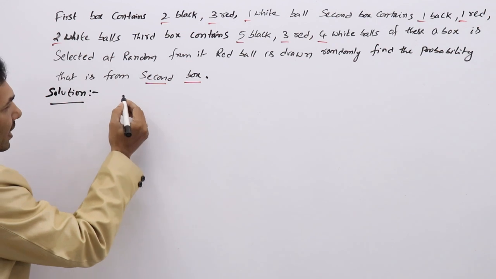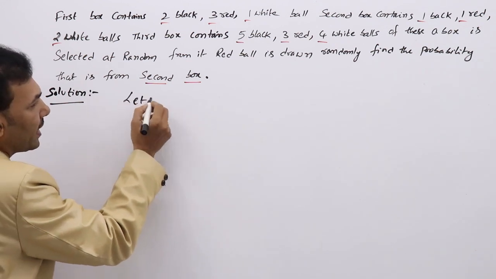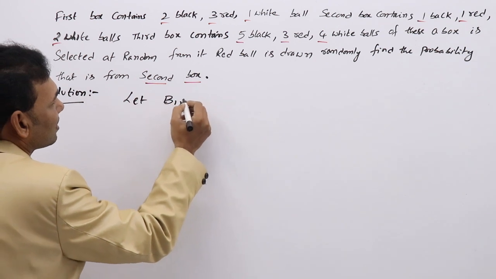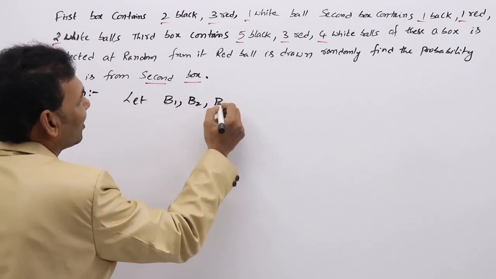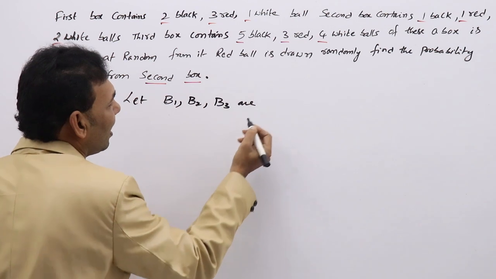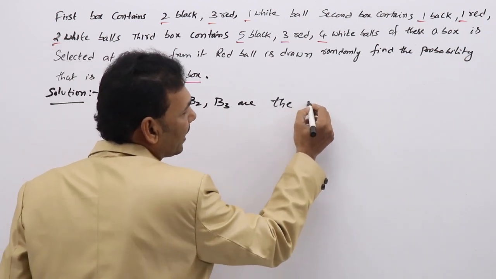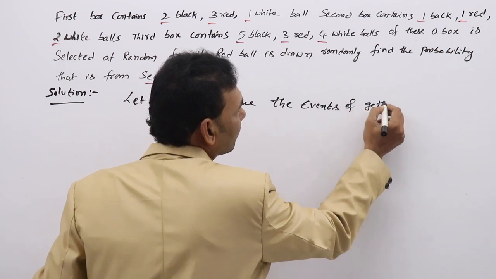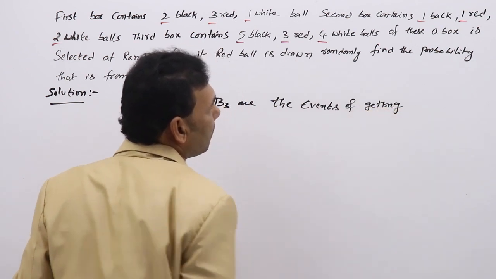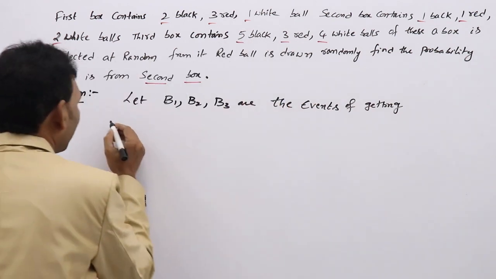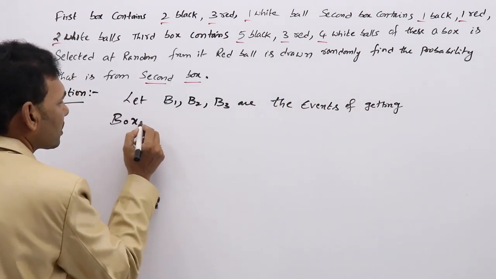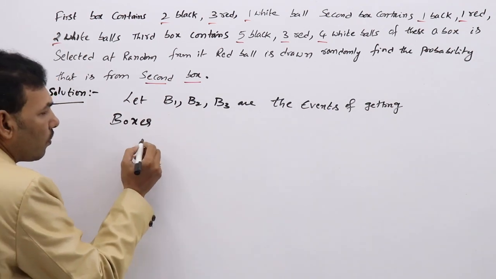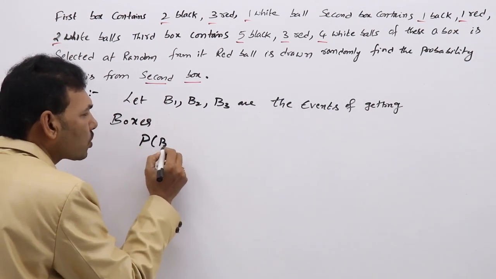Okay, for that, first we take 3 events. Let B1, B2, B3 be the events of getting boxes 1, 2, 3. Box 1, box 2, box 3. Now, what is the probability of getting box 1?